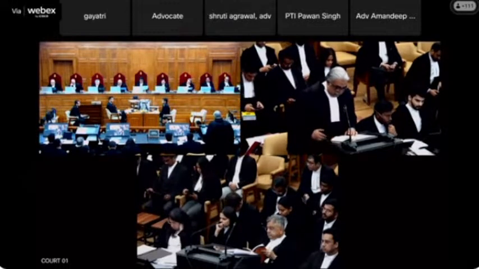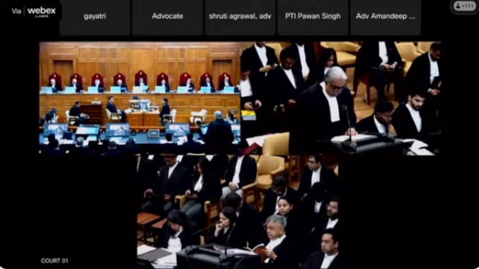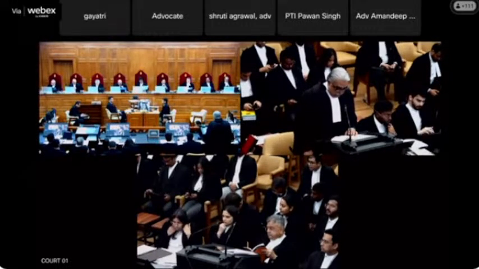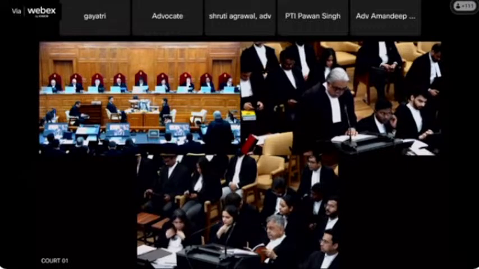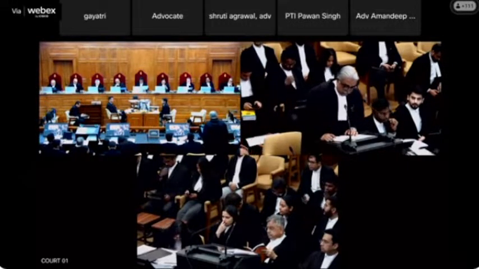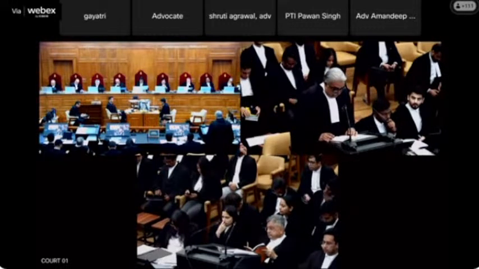Starting from molasses, then to rectified spirit, and then to ENA, and then finally to Indian-made foreign liquor, which is what is done in the case of consumable alcohol, or what is treated as an intoxicating liquor, is covered by entry 8.